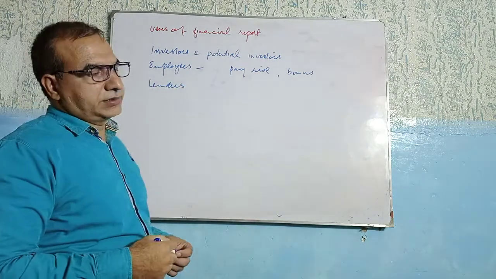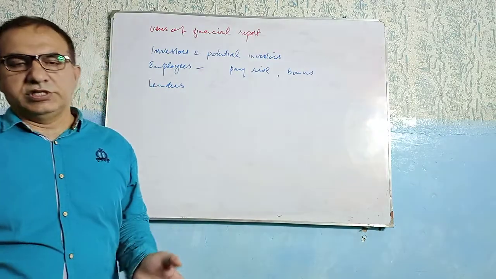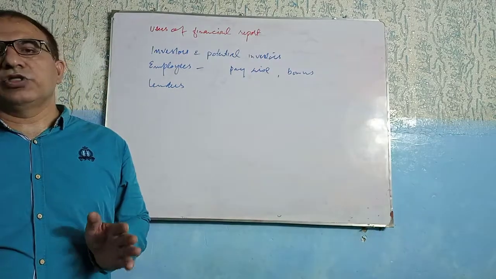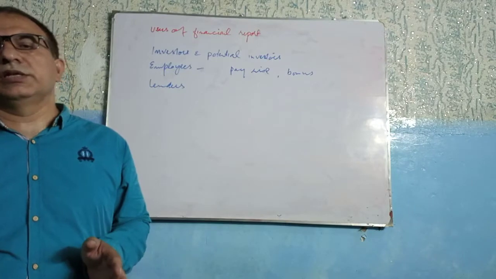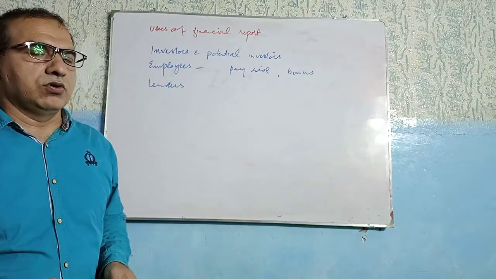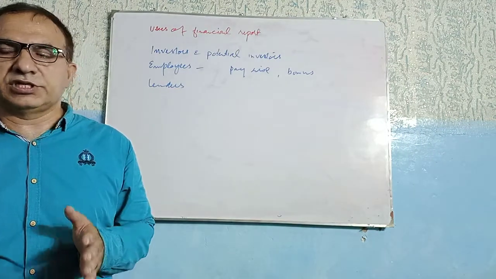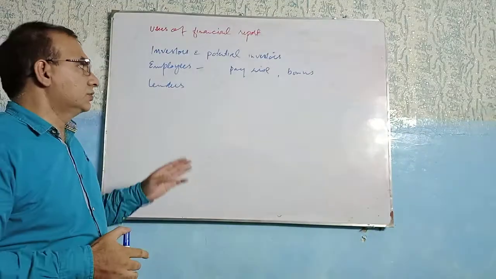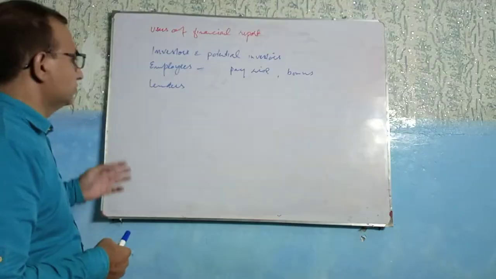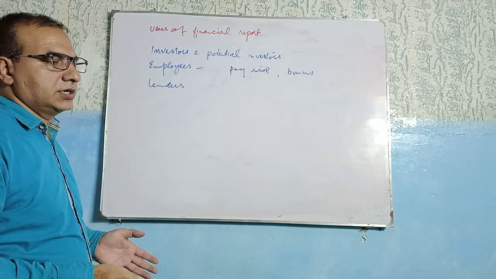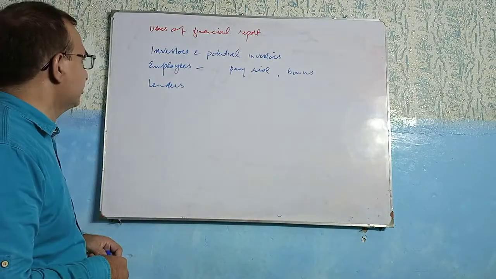Lenders, mainly the banks. These financial statements tell them how the company is doing, whether they can in future repay their loan or keep on servicing their debts. They can see from the results for the year and the statement of financial position.